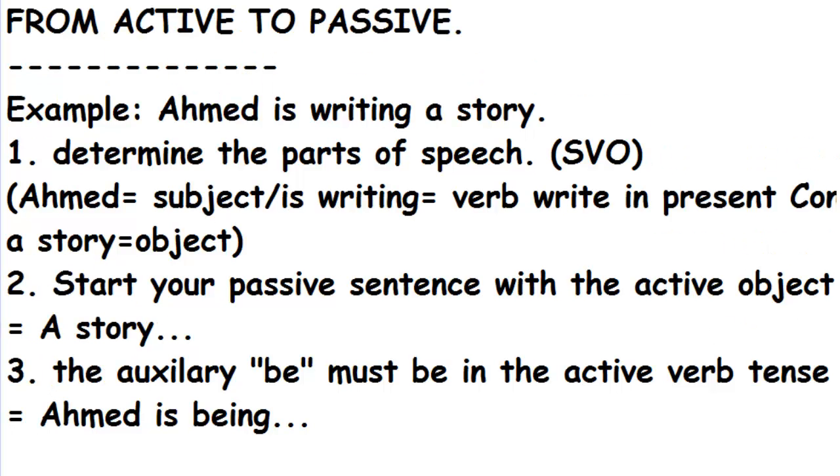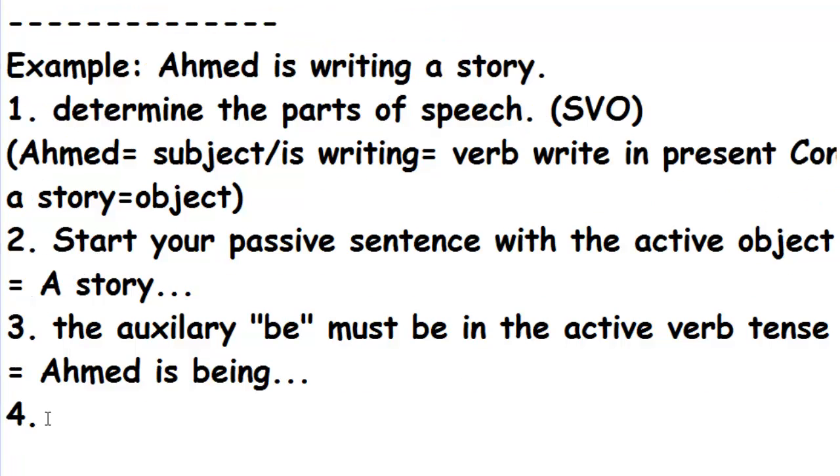Number four: right now we have to add the past participle of the main verb. We have writing, the verb is write, with e at the end. So we have to add the past participle. As we said before, the past participle of irregular verbs should be learned.